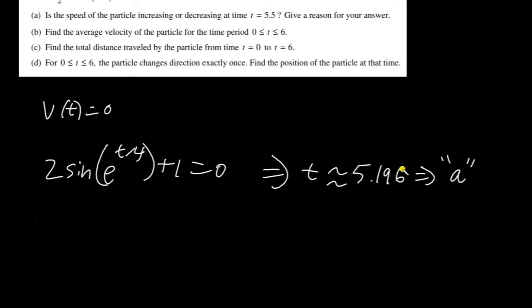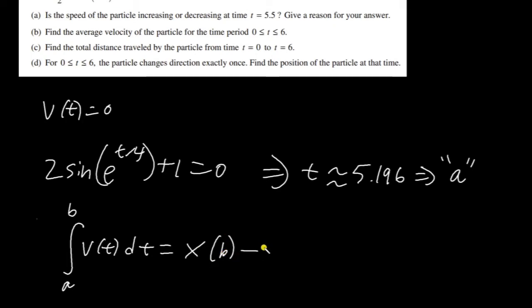Okay, so we have our t value where the velocity is equal to 0. And now to figure out the position of the particle at that time, I'm going to use the fact that the integral from a to b of my velocity is my position at b minus my position at a, okay?